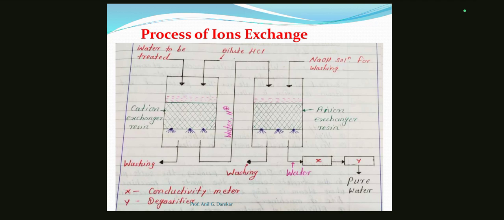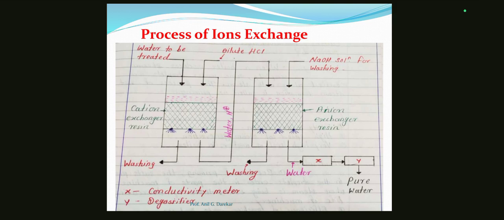That water enters the second resin, the anion exchanger resin, where all anions like Cl minus, SO4 2 minus, NO3 minus, meaning all negatively charged ions, get captured and in exchange OH minus ions are released. So finally we get only water, pure water, free from ions.